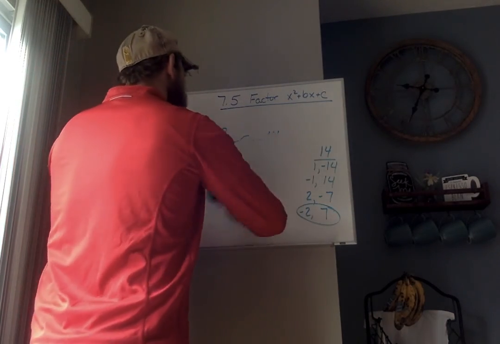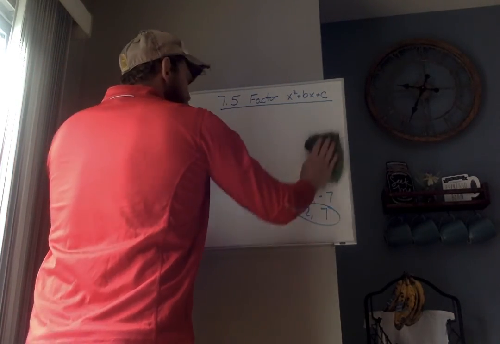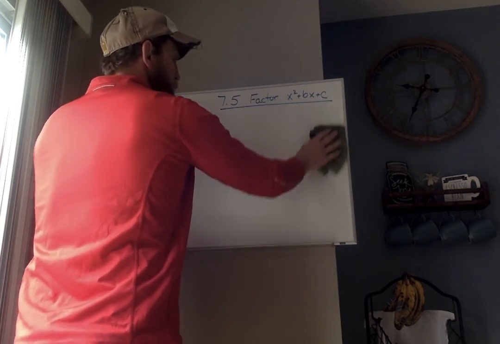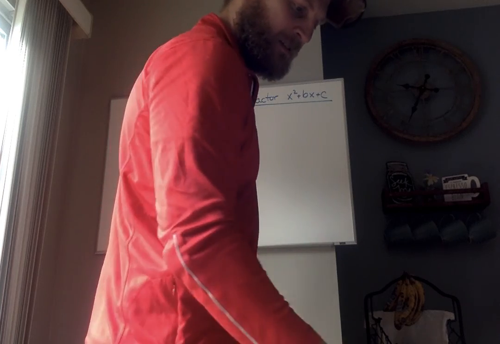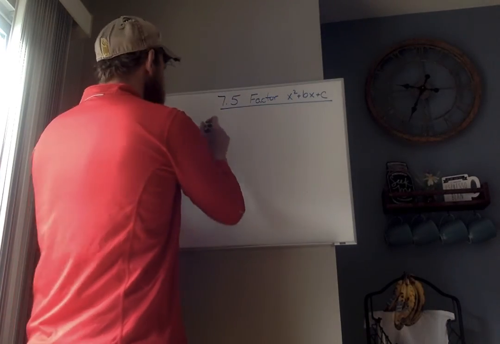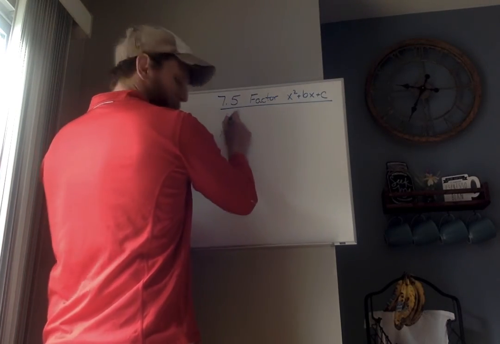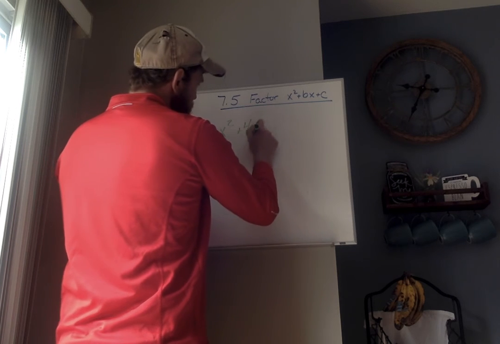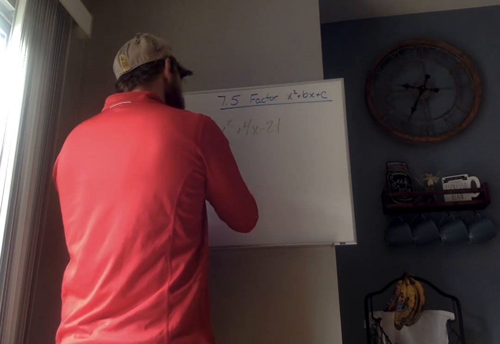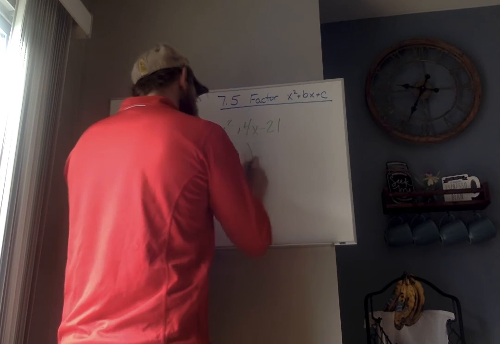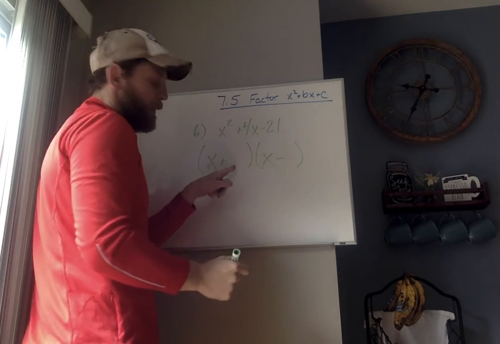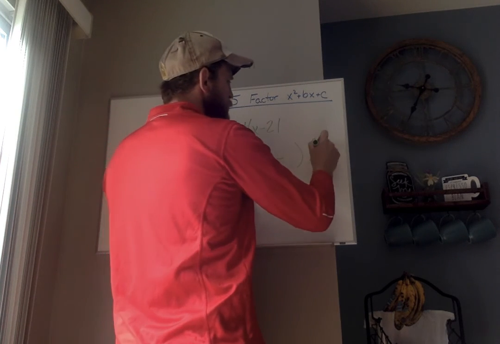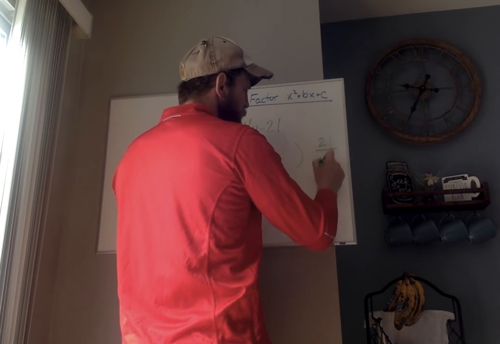All right, last but not least, we got Mason. Let's look at x squared plus 4x minus 21. So we know it's going to be x plus a number, x minus a number, because plus minus, my bigger number has to go here. So 21, let's break it down. We have 1 and 21.